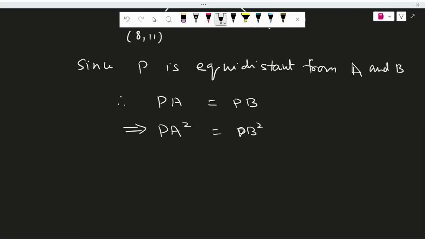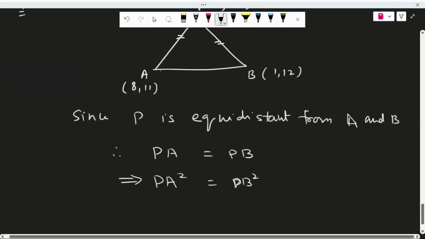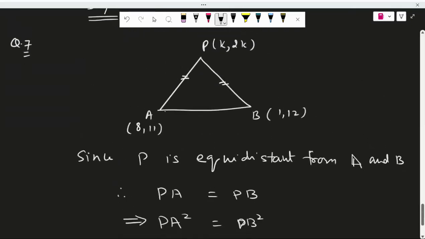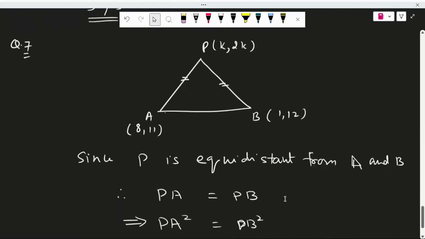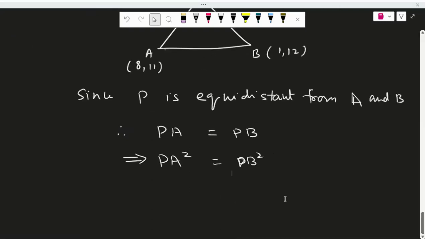Okay, PA square. Can you dictate to me, what will PA square be? Using the distance formula, K minus 8 whole square.